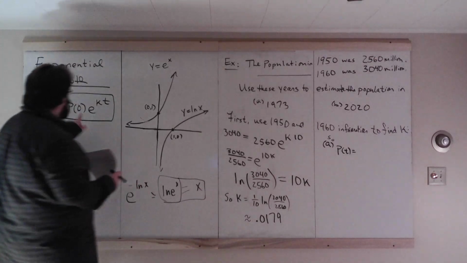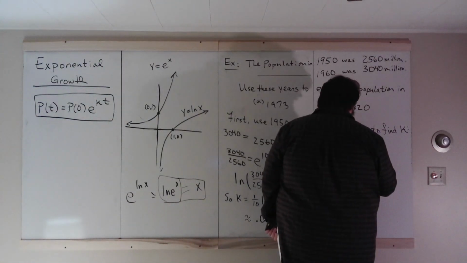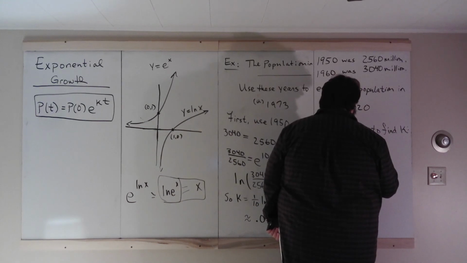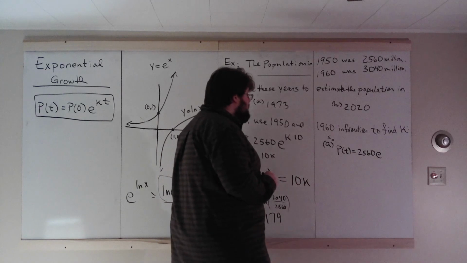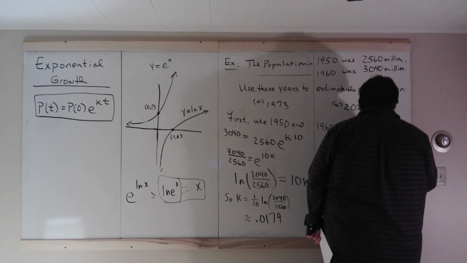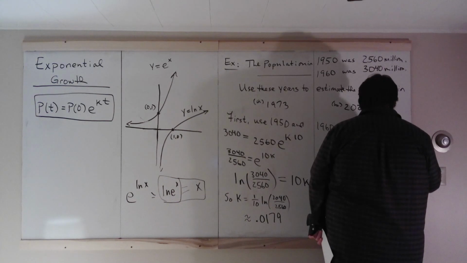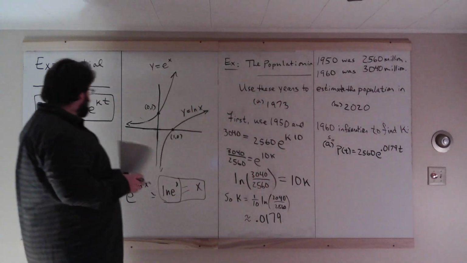Well, P of 0, our base year, is still 1950. So P of t is 2560 e to the kt. Once you find k, the only variable you should have is t. And e is a constant, so it's not a variable.